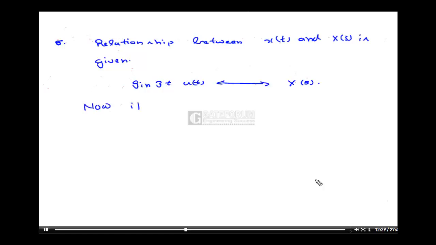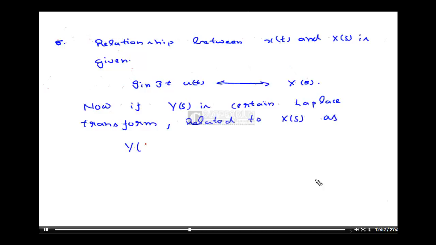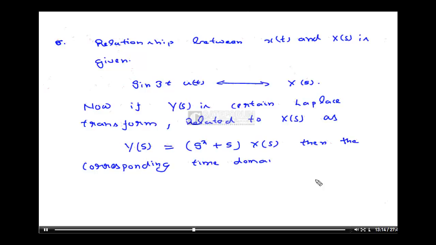Now, if Y(s) is a certain Laplace transform related to X(s) as Y(s) is equal to s square plus s into X(s), then the corresponding time domain function y(t) will be here.